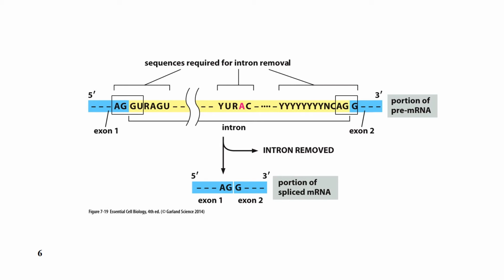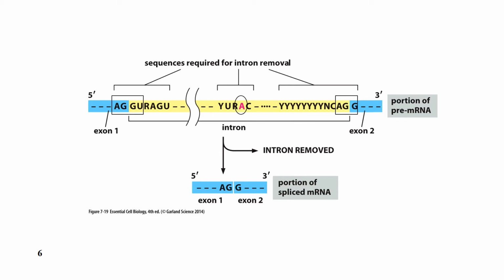The second sequence that's important is at the border between the intron and the downstream exon. That sequence is always going to be an AGG. And again, the break will occur between the two G nucleotides.